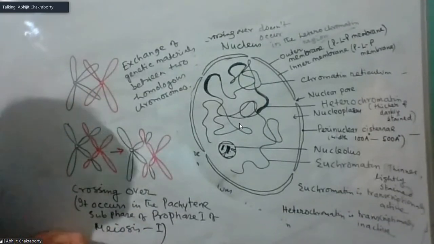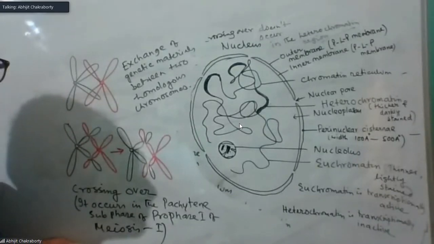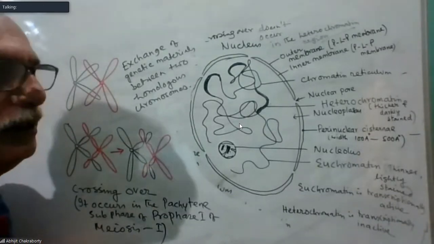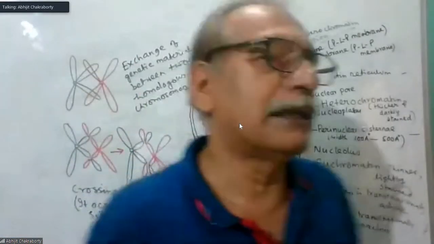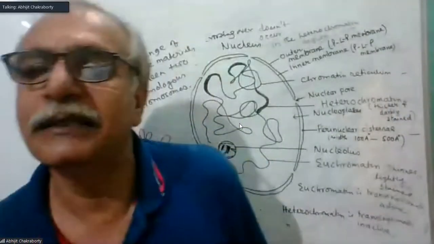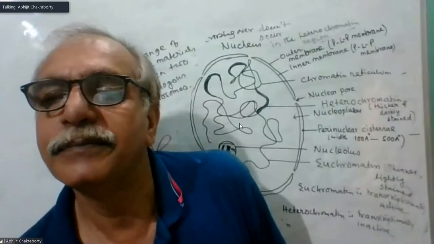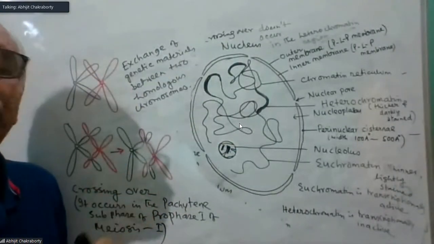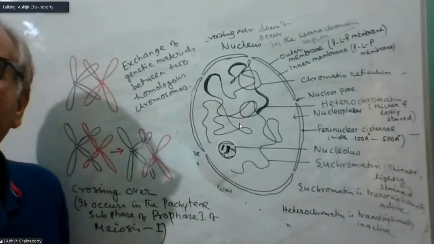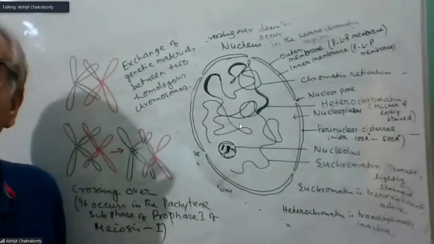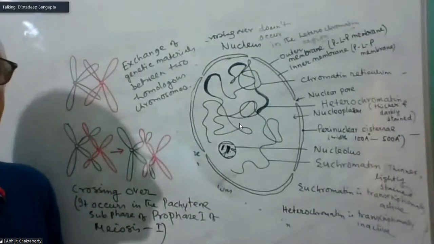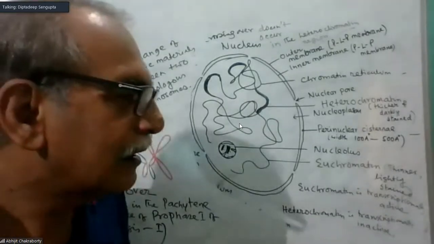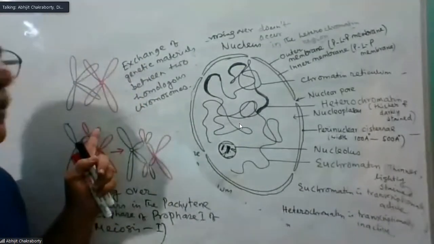When the same exchange of genetic material takes place between two non-homologous chromosomes, do you know what it is called? Can anyone say? Genetic recombination? No, this is genetic recombination.